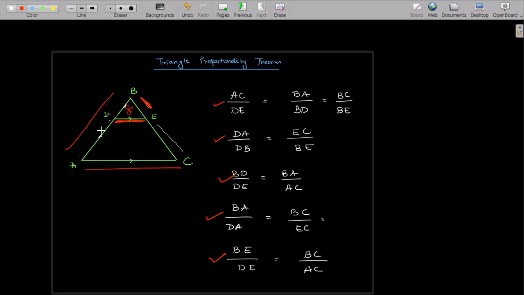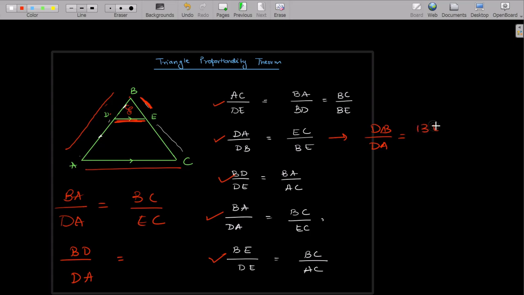So the bigger triangle side is BA, and the side of the trapezoid is DA. Then over here you have the bigger side BC, and the side of the trapezoid is EC. And if you take the smaller triangle, then BD over DA. You can even reverse these ratios, okay? So DA over DB, you can also write DB over DA. And the other side will also be reversed, BE over EC.